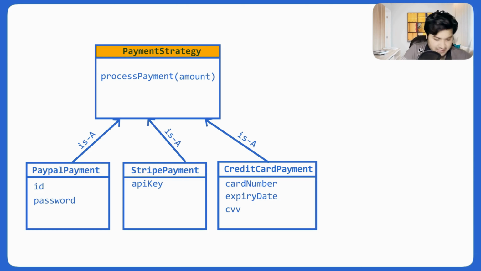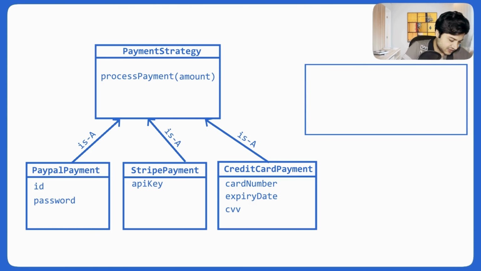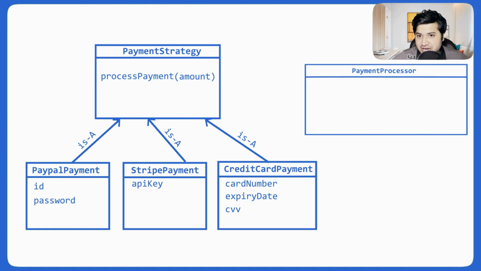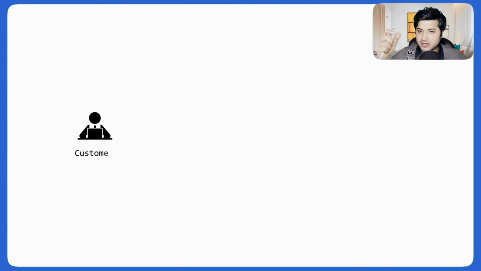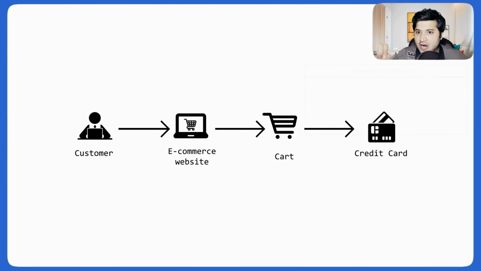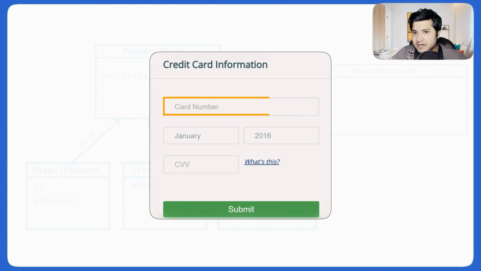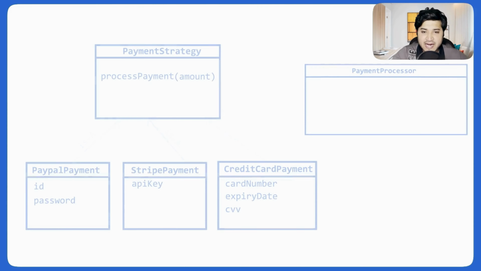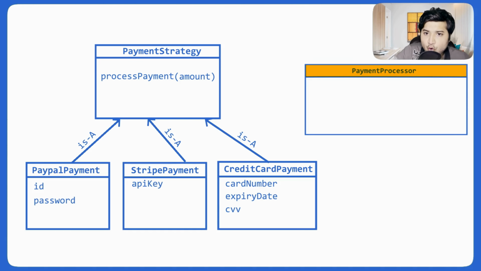Now we have PaymentStrategy. So what will be passed in the payment processor? In the payment processor, we'll have a payment strategy, depending on which kind of payment you want to make. Suppose a user on an e-commerce platform has put everything in the cart and selected card. You'll feed in the card number, CVV and so on, and your payment processor will go ahead with the card payment strategy. The payment processor would always have a strategy.